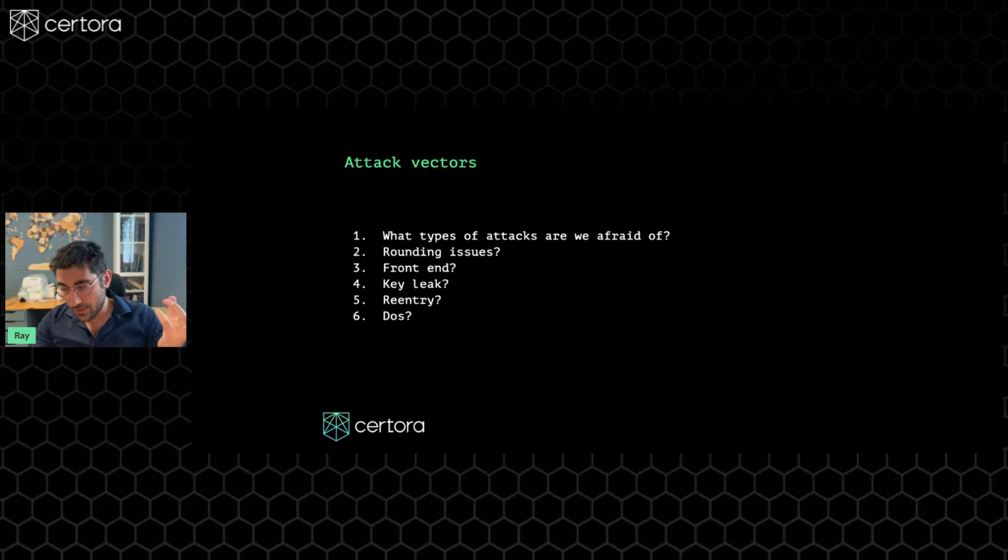When you do an audit, the auditor is going to present new attack vectors that you haven't thought about. And your job is to say, is this attack vector feasible? Am I afraid of this attack vector? If there's an attack vector, like a denial of service attack vector that requires $1 trillion worth of stablecoin or even just fiat, if they need that in order to attack you, probably that attack vector is out of scope.